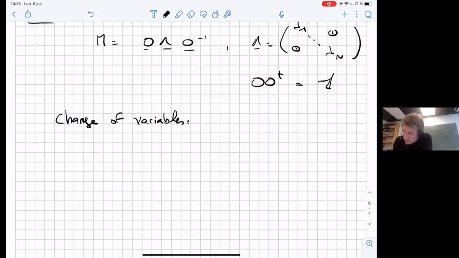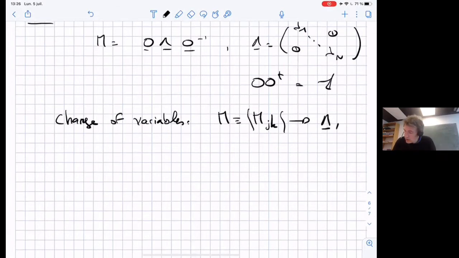I gave you a P of M, so you have a measure on the M, which is basically defined by the M_jk. Instead of formulating in terms of a measure on the M_jk, you would like to have a measure on lambda and O, basically.